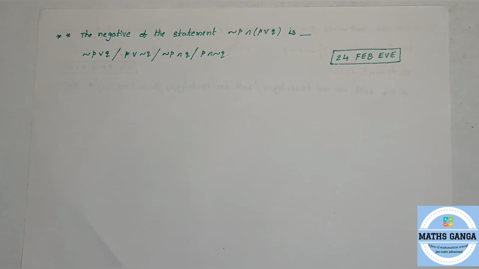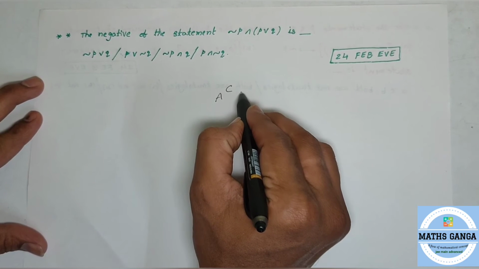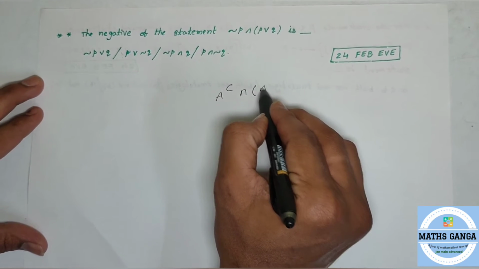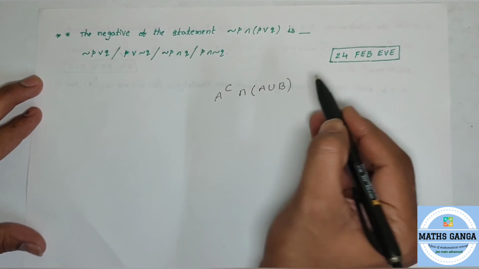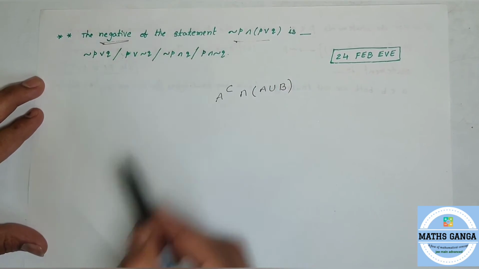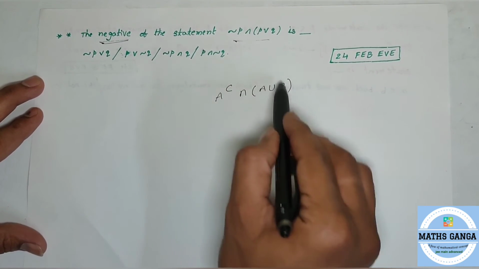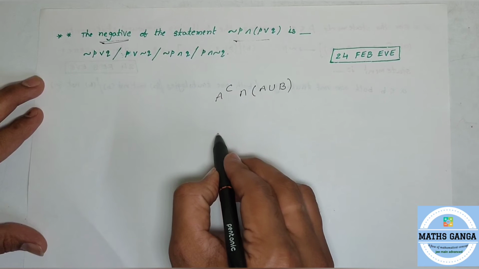See, if you rewrite it in terms of sets, negation of P is simply A complement, intersection, P or Q is A union B. And we need to find out the negative of this particular statement. That means complement of this. First of all, try to simplify it.